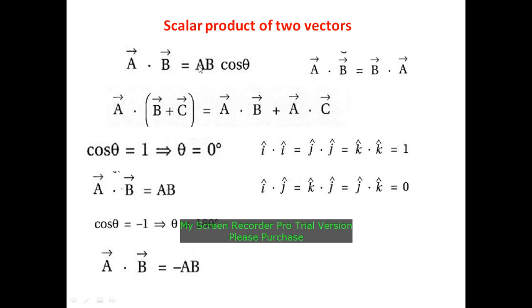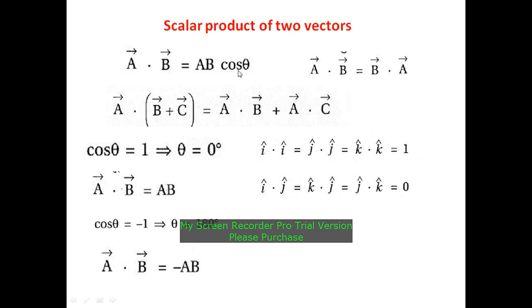What is the meaning of ab cos theta? If we change the value of theta from 0 to 180 degrees, then the value of a dot b will change. If theta is 0, then cos 0 is 1, so a dot b is equal to ab. If it is 180, then cos is minus 1, so it is minus ab.